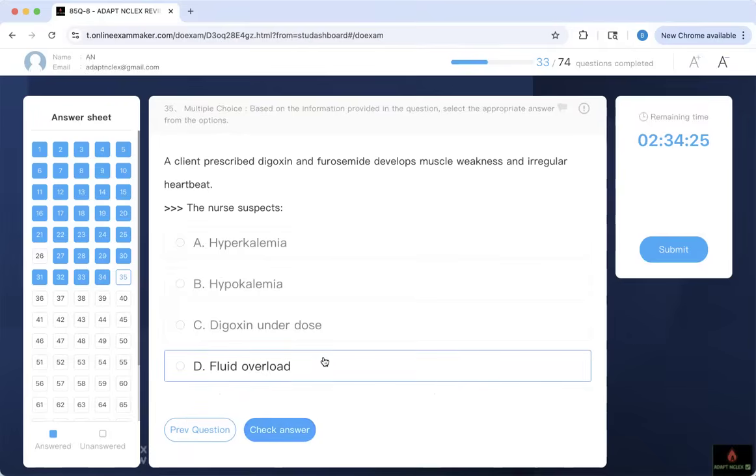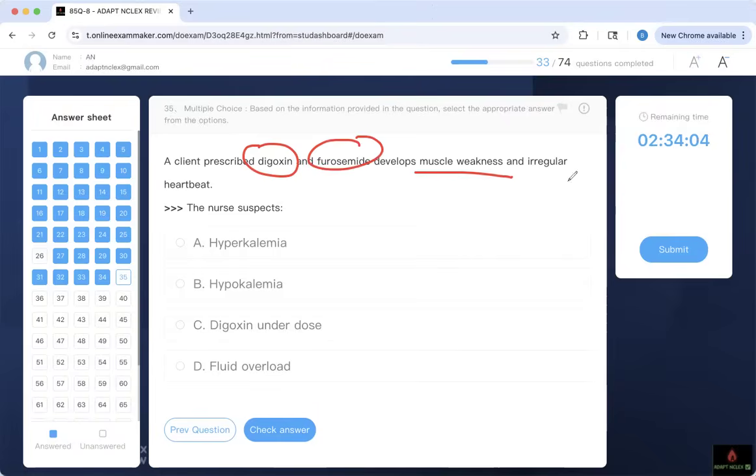The next suspect: a client prescribed Digoxin and Furosemide developed muscle weakness and irregular heartbeat. What is causing the problem? Hypokalemia, Digoxin underdose, fluid overload. So patient has heart failure. It's on Digoxin and Furosemide. Now he has muscle weakness, irregular heartbeat.